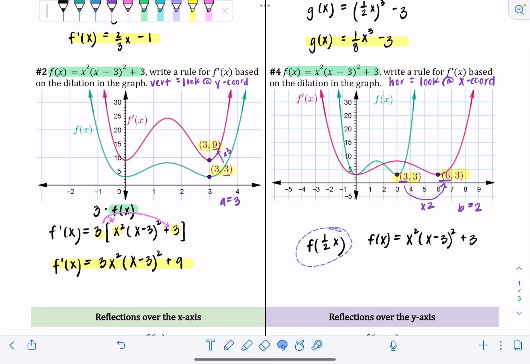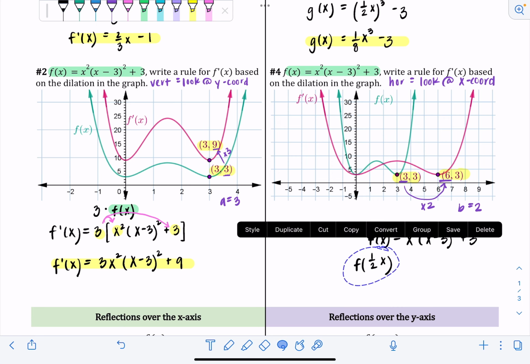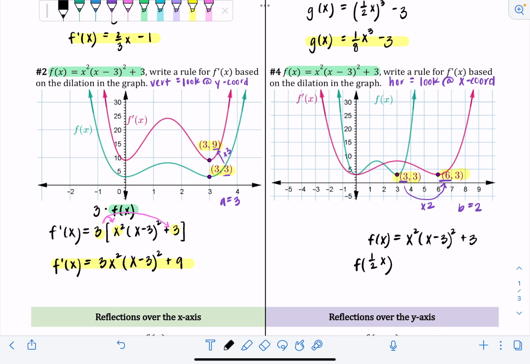And then if I'm changing it to f of 1/2 x, that means that wherever I have an x in my function originally, it's going to get replaced with this 1/2 x. So this would become a 1/2 x squared. And it needs to go in parentheses because originally this entire x was being squared, so now this entire thing needs to be squared.